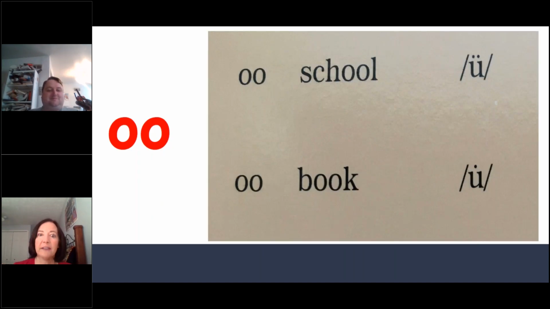OO is another vowel digraph, and it also has two sounds. Sometimes OO sounds like school, where it says oo. Sometimes OO sounds like book. So the sound card is going to be OO school, OO book.